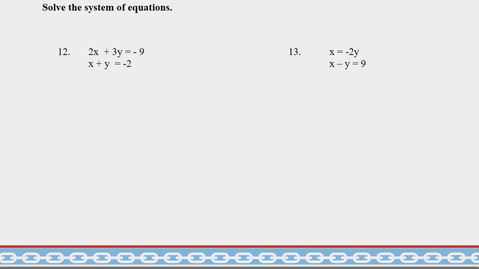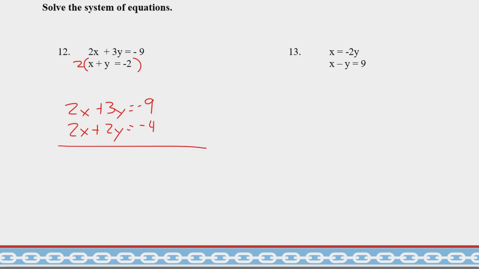We can use elimination on number 12. Right? If I multiply all of this by 2, my first equation is still 2x plus 3y equals negative 9. My second equation then becomes 2x plus 2y equals negative 4.